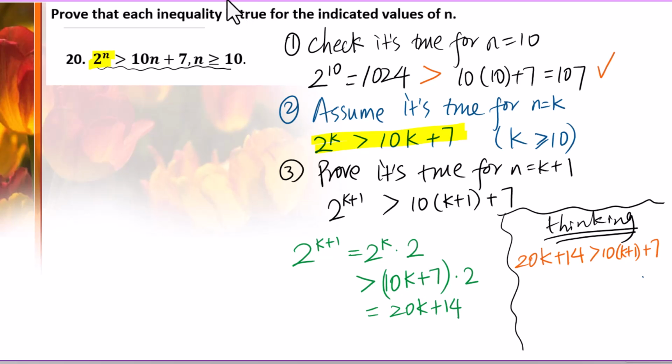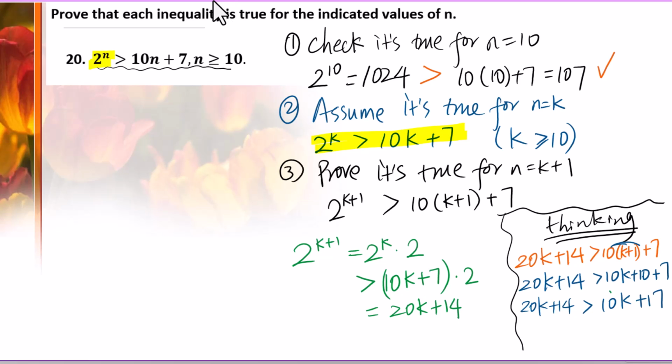Simplify both sides. 20k plus 14 greater than 10k plus 10 plus 7. Write down the inequality in detail: 20k plus 14 greater than 10k plus 17.